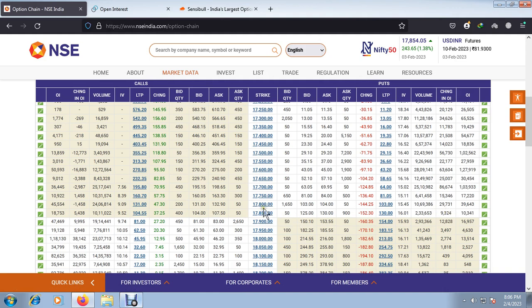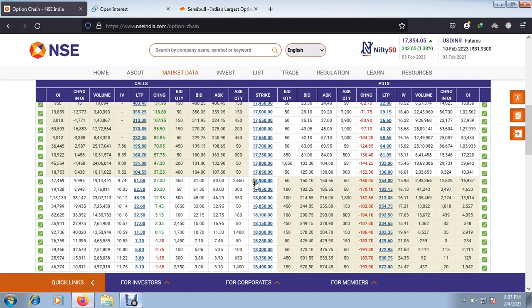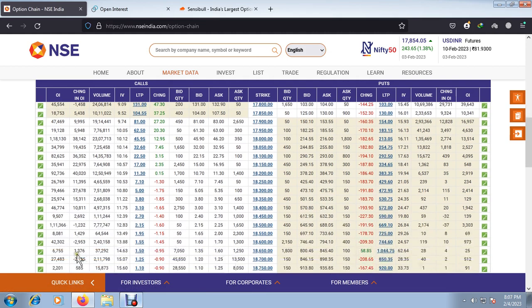On the put side, at every round number like 17,800, 700, 600, the open interest is very high, like 63,000, 86,000, 29,000. On the call side also, at 17,900 it is a little less, but at 18,000 it is 38,000, 18,100 is 36,000, 18,200 is 40,000, 18,300 is 37,000, like that.